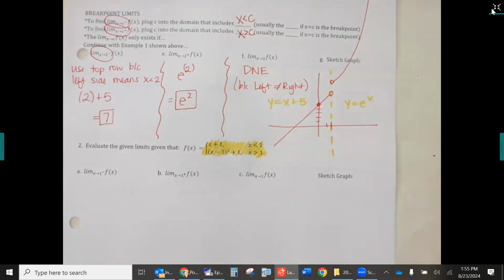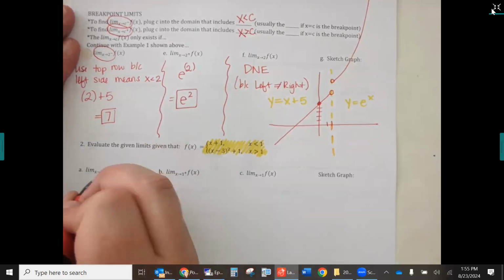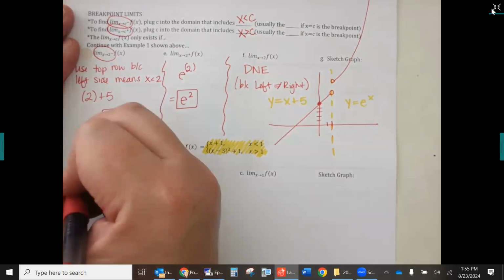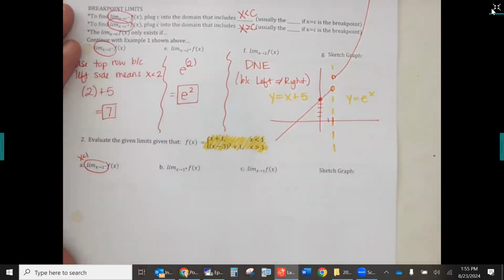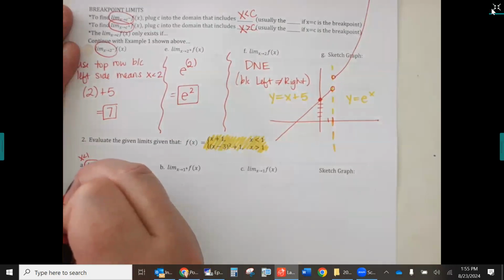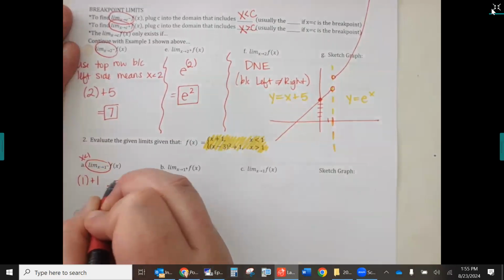Top or bottom? Okay, if it's 1 from the left, then I want x is less than 1. So that's the top. So I'm going to take my 1, plug it into x plus 1. Now it's 1 plus 1, which gives me what? 2.